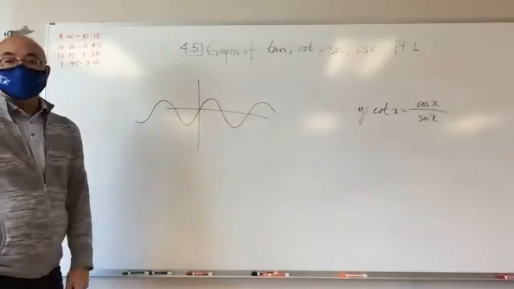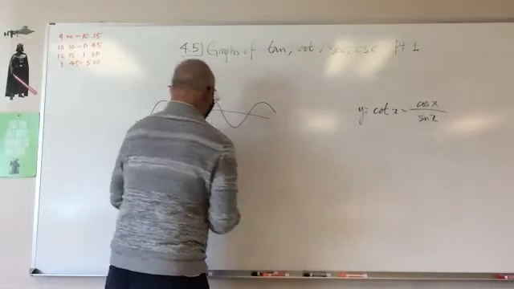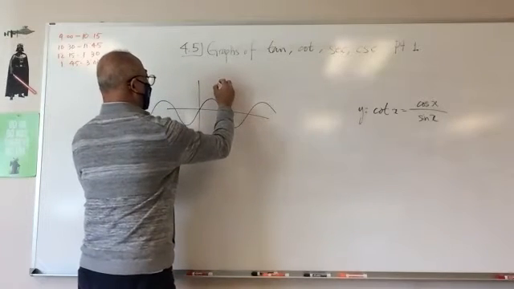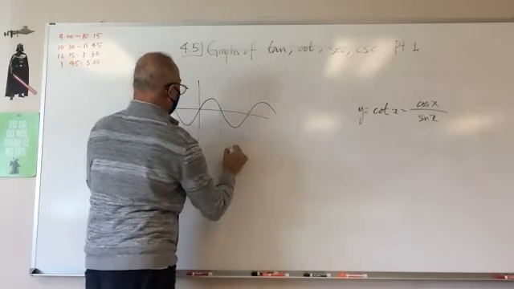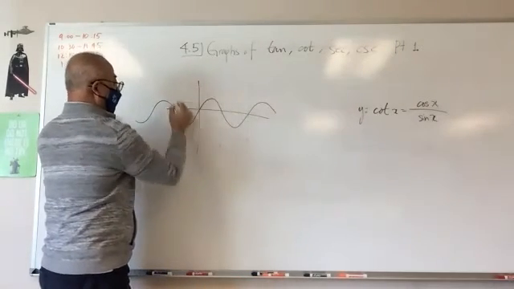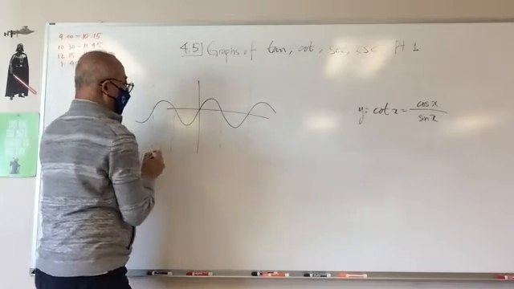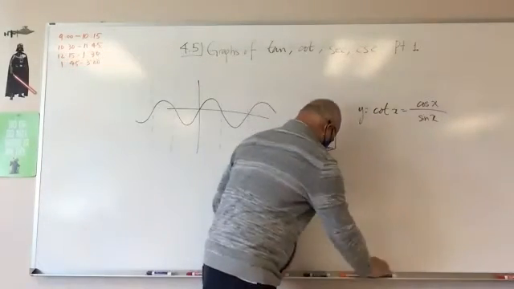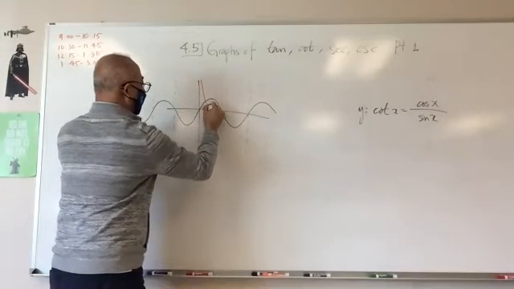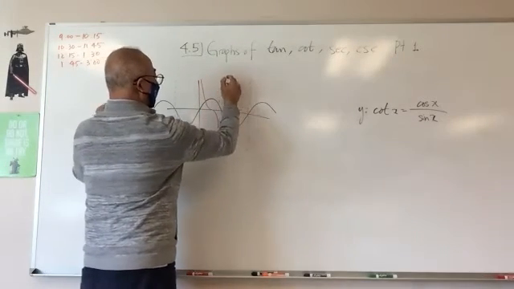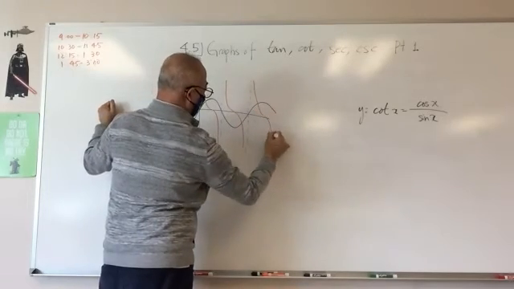Right? This is the sine function, which means our asymptotes are going to be whenever it's 0, right? And there is one there, here, and here. And if you graph it, it's going to look like that.